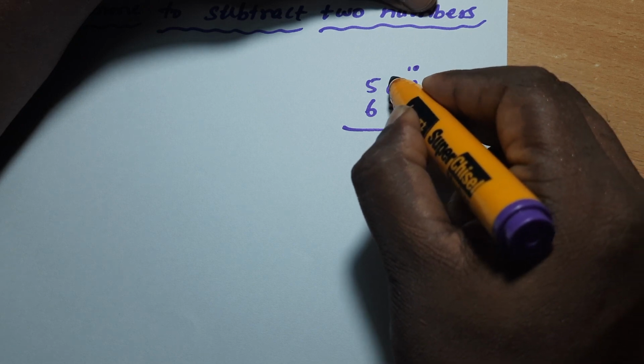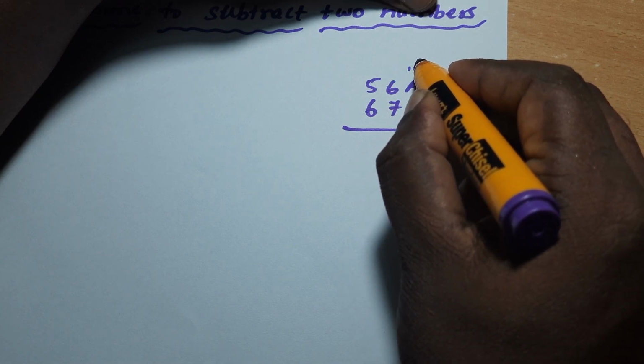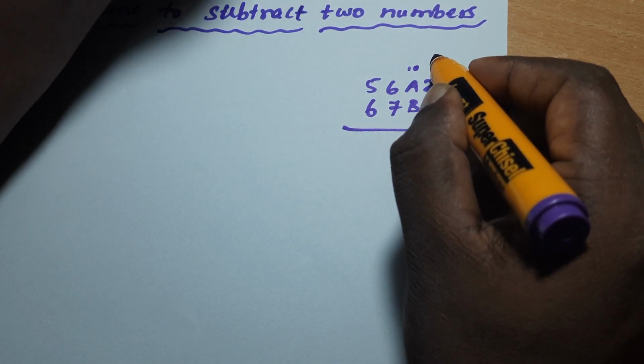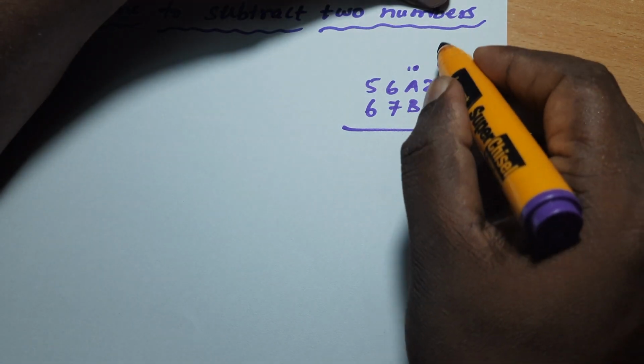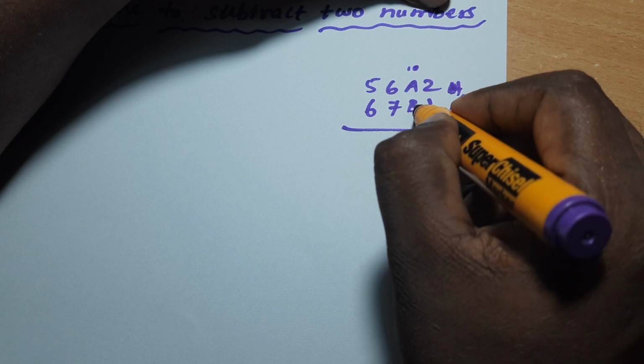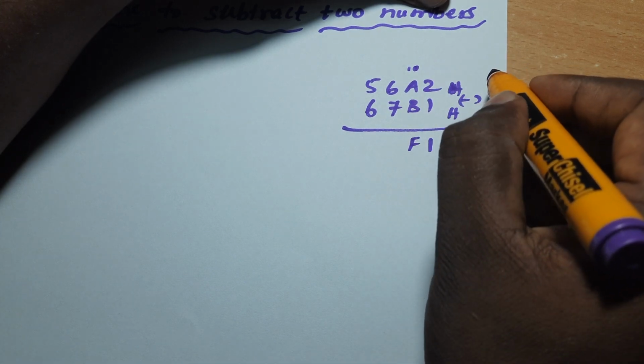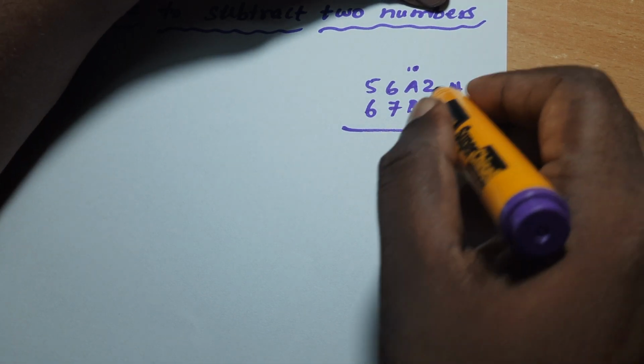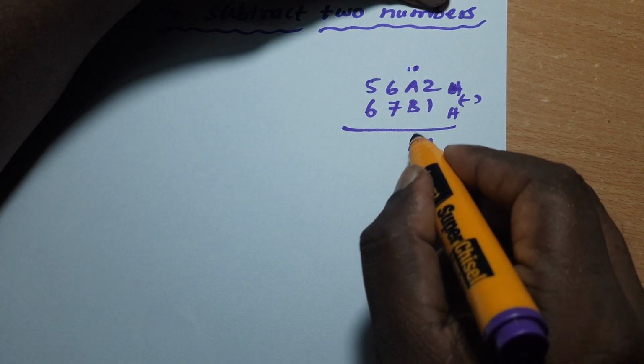A is 10. If you borrow one, that becomes 16, because we are converting this into decimal, as we are comfortable with decimal. So 10 plus 16 is 26. B is 11, so 26 minus 11 is 15. 15 is F in hexadecimal, that's why I wrote it.